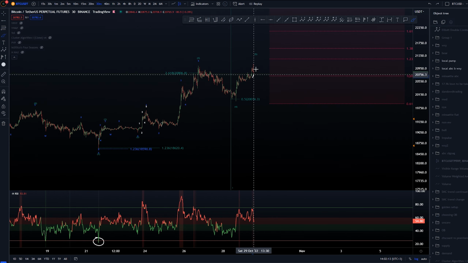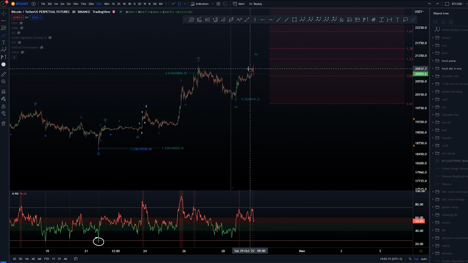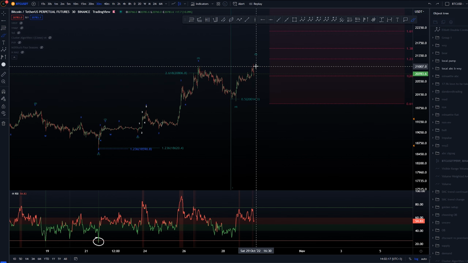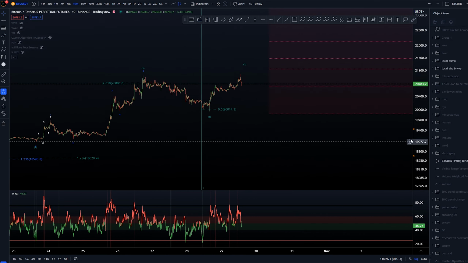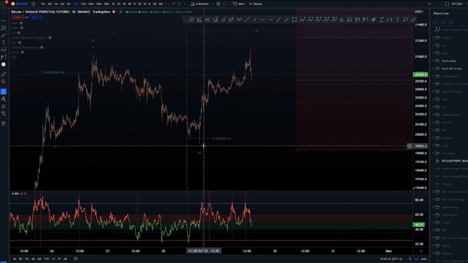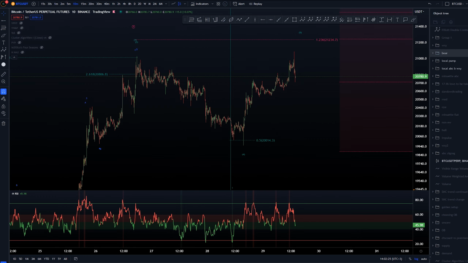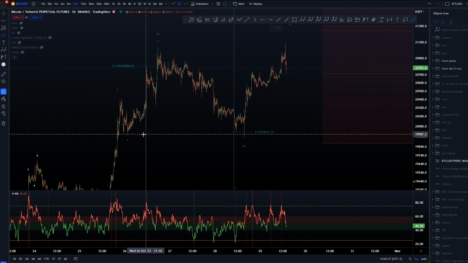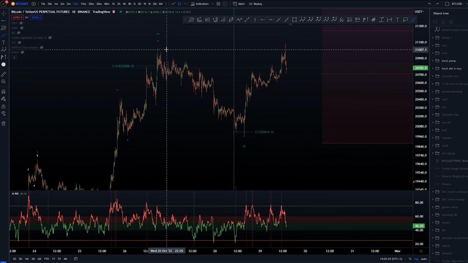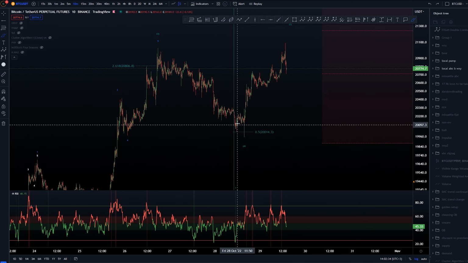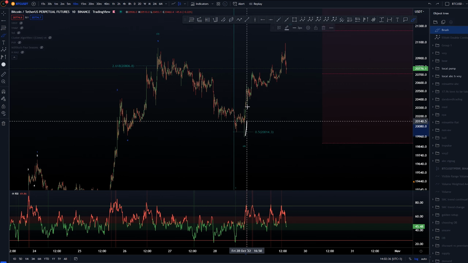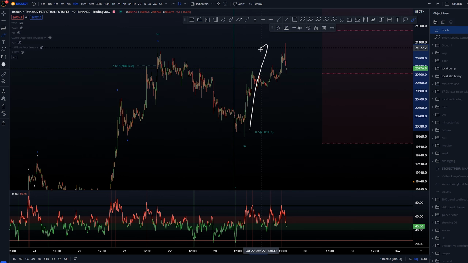It is possible again that wave 5 is now done. We have taken out the highs, however, again, this does not really fit into being a real nice looking five-way structure of the lows here. Last time we were talking about this wave 4 here, trying not to take out the previous wave 4, and again we did a wick and got right back into it and then started to head up.